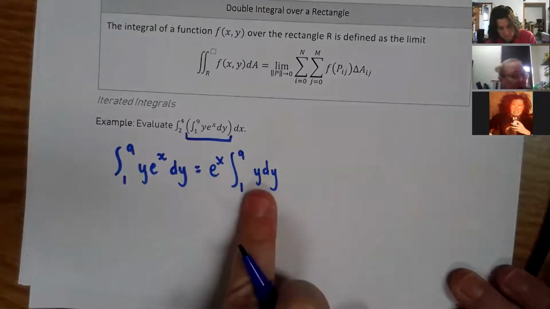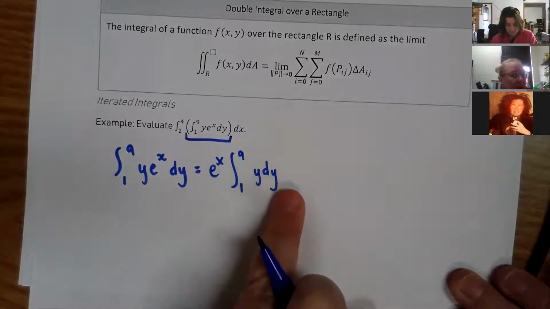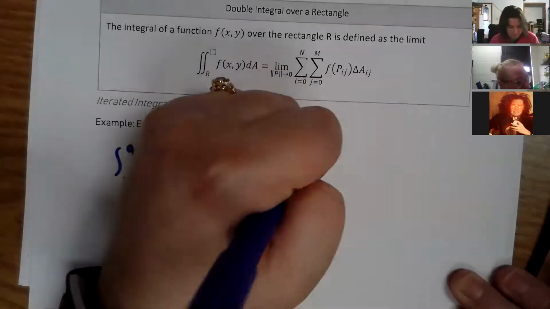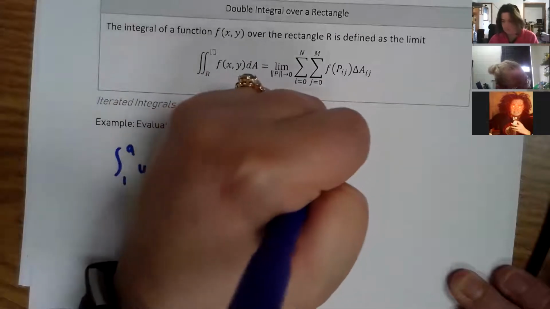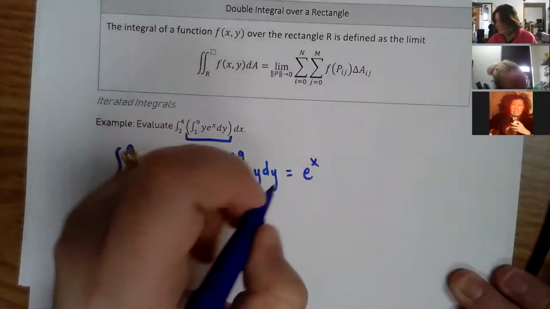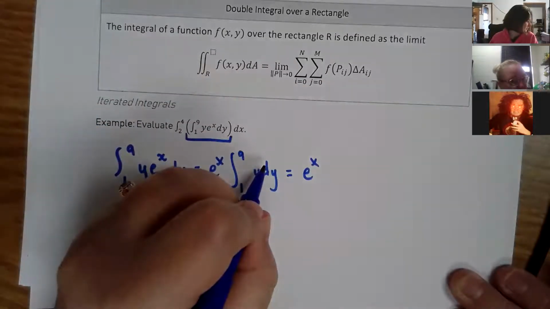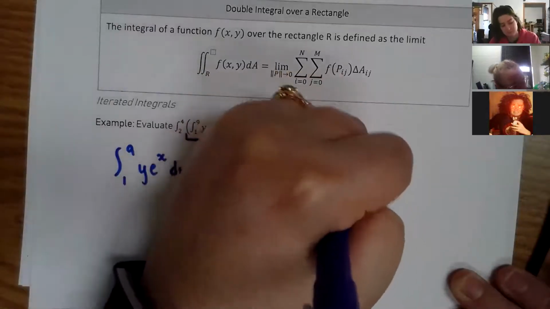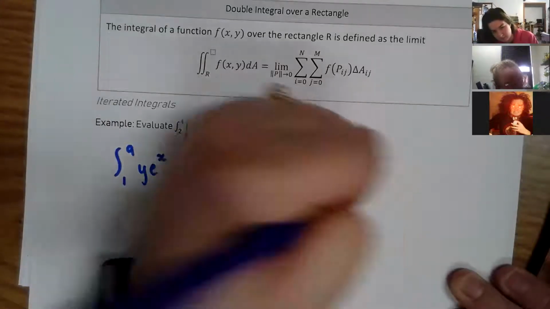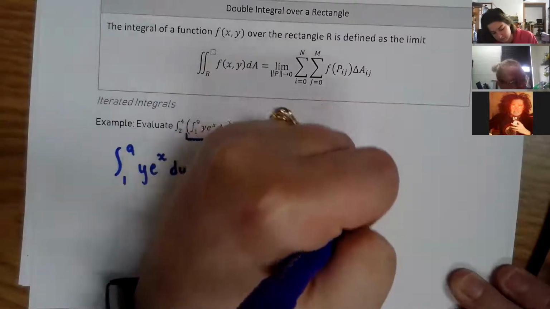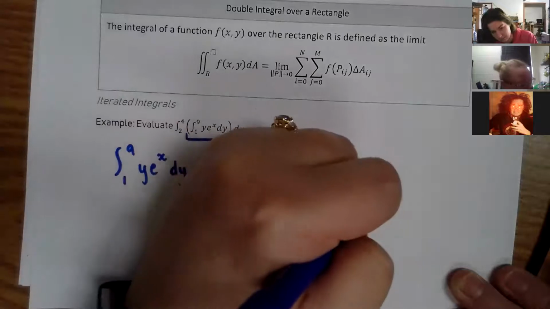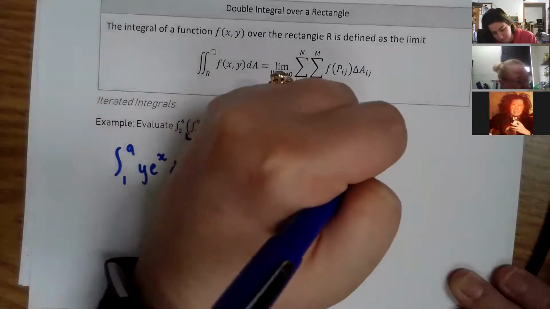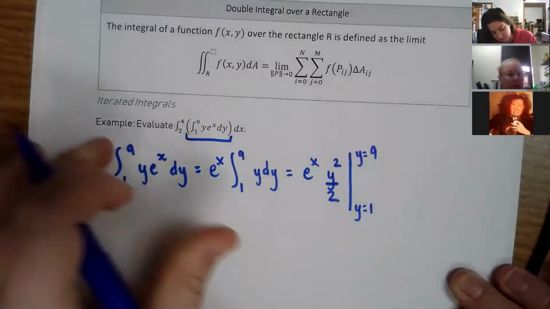Now, if I integrate y with respect to dy, its antiderivative would be, I add 1 to the exponent and then divide by that exponent. So it'll be y squared divided by 2. And I'm going to evaluate where y equals 1 and y equals 9.